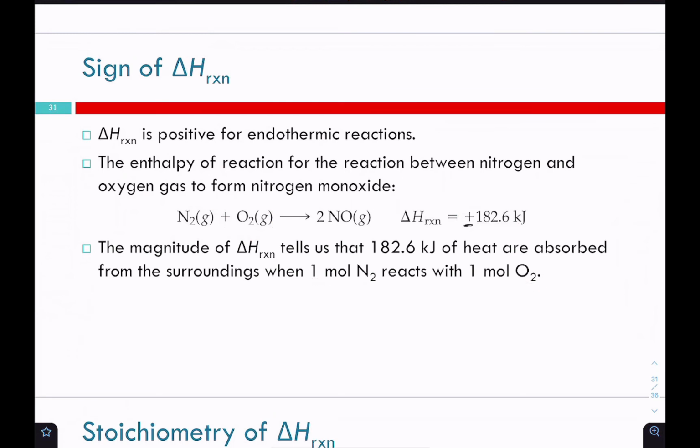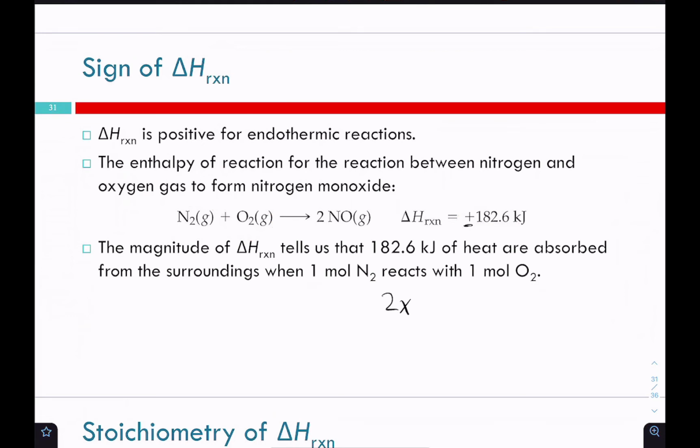And then because it's tied to those numbers, if we had 2 moles of nitrogen reacting with 2 moles of oxygen, how do you think that affects the amount of heat that gets absorbed? So if we double the amount of chemicals that we're reacting, we'll also double the amount of heat that will be absorbed from the environment. And so that's called a stoichiometric relationship.